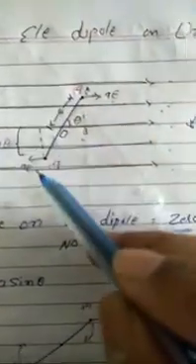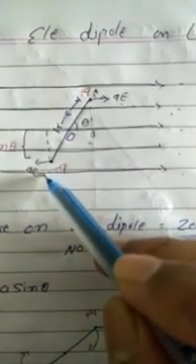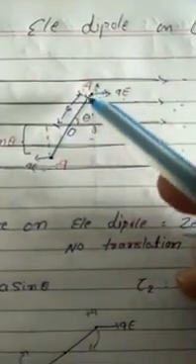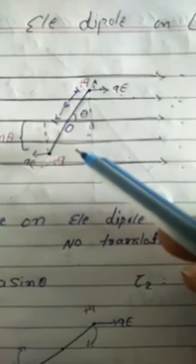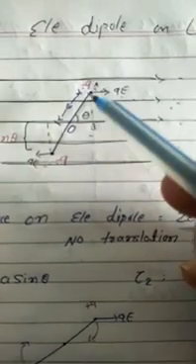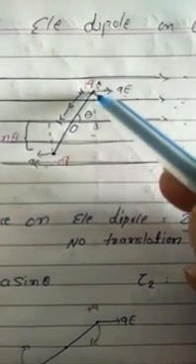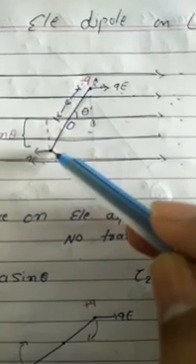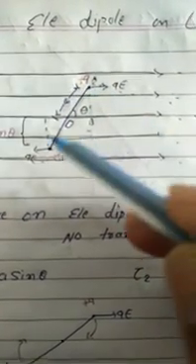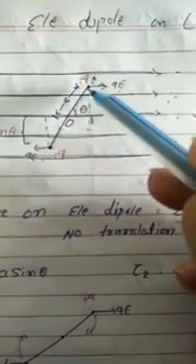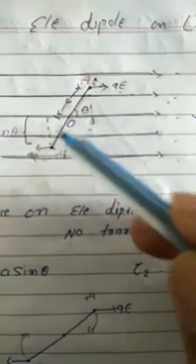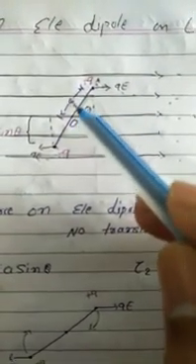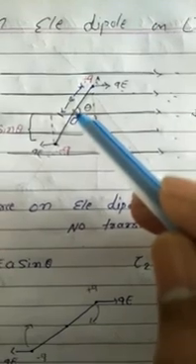There is no translation motion, but you can see that the lines of action are different. It means it will produce a couple, and if a couple is there, that means rotational motion is there. It means torque will act on this electric dipole.